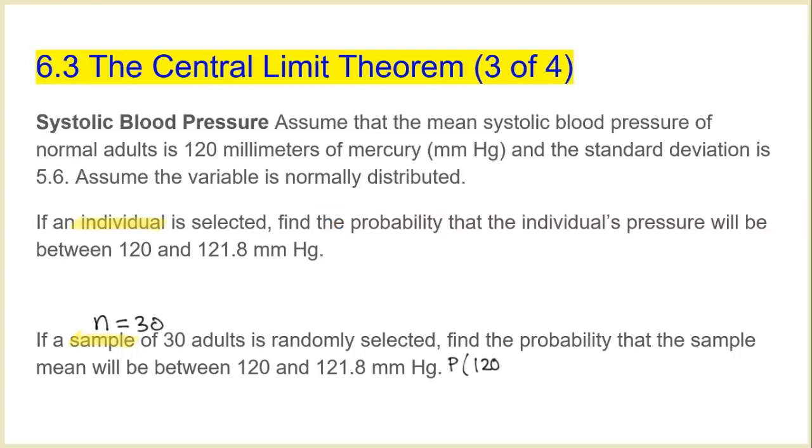So when we look at our probability, the probability statement is very similar, but different. The probability that the sample average is between 120 and 121.8. That just means we now have to use a different formula to find the z-score, because we don't know the standard deviation of the sampling distribution.